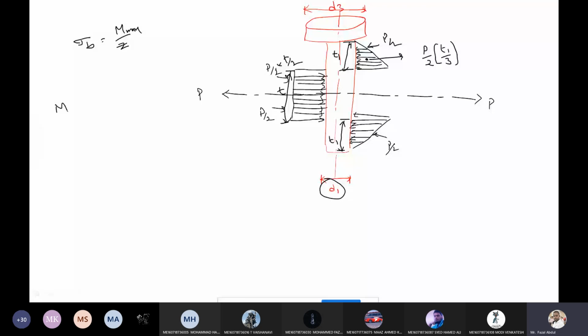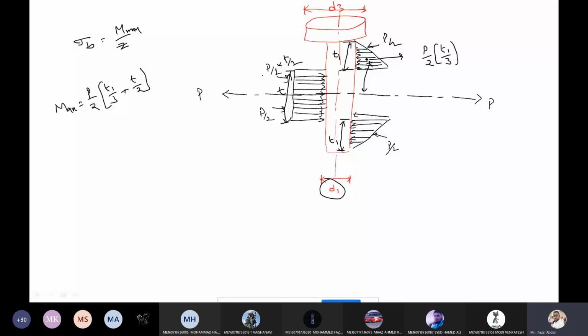So that maximum bending moment we are calculating now. What is the maximum bending moment at the neutral axis? That is P by 2 into T1 by 3, from this point load to this distance. So from here to here we know, but from here to here it is plus T by 2.